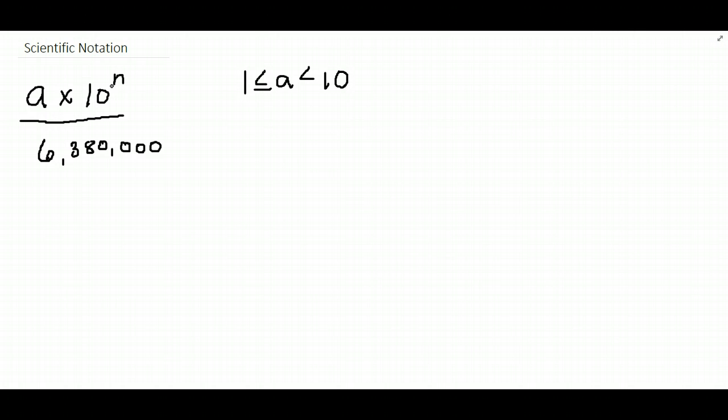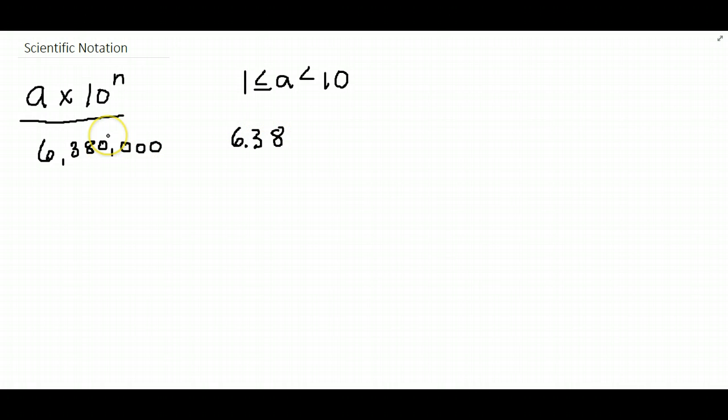So we have the number 6,380,000. So let's look at this. The way we would write this is 6.38. So we take our first number, we put a decimal point, and then we have our 3 and our 8.